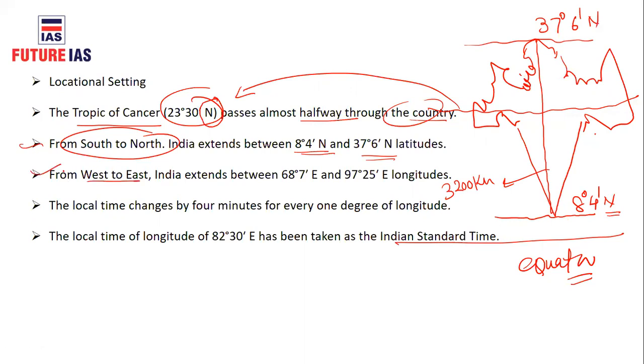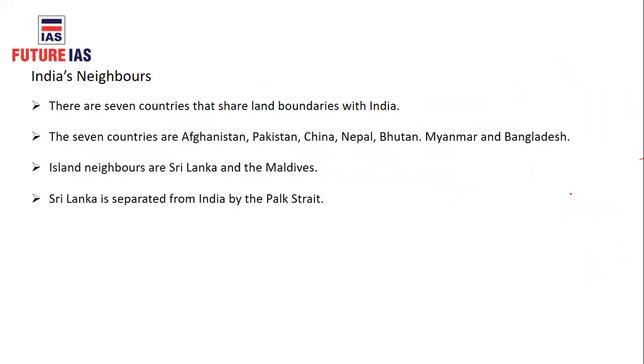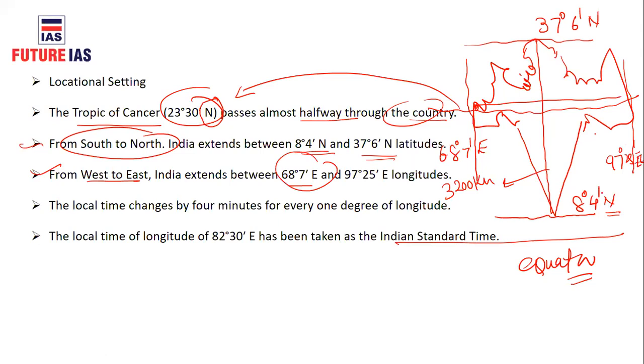Similarly, the west to east stretch, which starts from Kutch to Arunachal Pradesh, if you see this longitude, runs from 68 degrees 7 minutes east longitude to 97 degrees 25 minutes east longitude. This shows that our country lies in the eastern hemisphere, and the country also lies in the northern hemisphere.